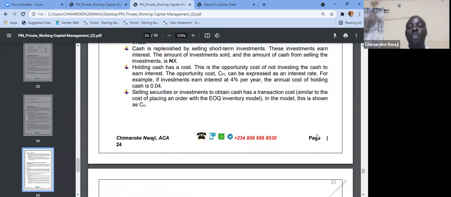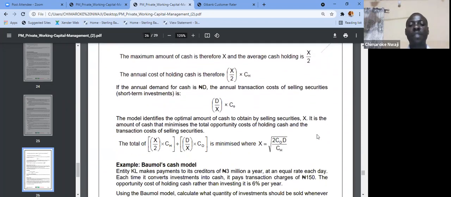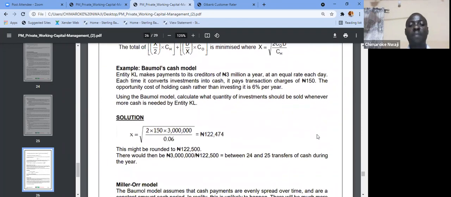Looking at the question here, we're going to see how the Baumol model applies. Entity KL makes payments to its creditors of 3 million naira a year. That's the volume, just like your quantity demanded in a year in terms of inventory, at an equal rate each day.